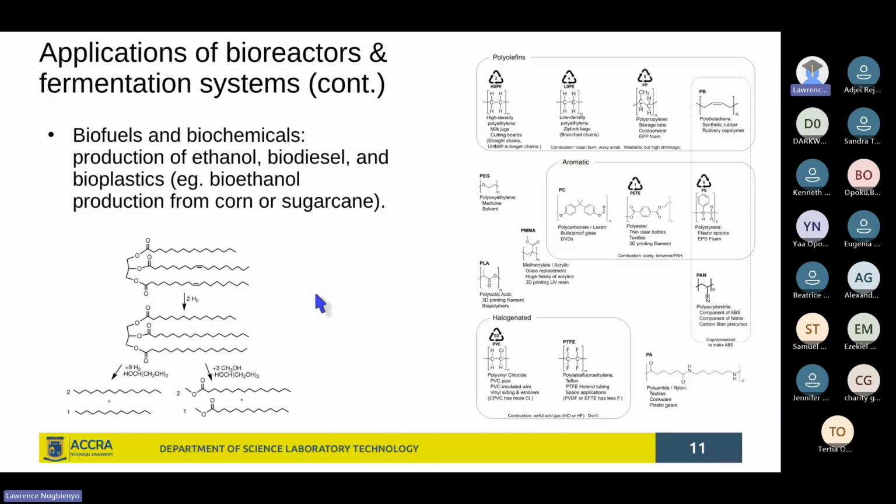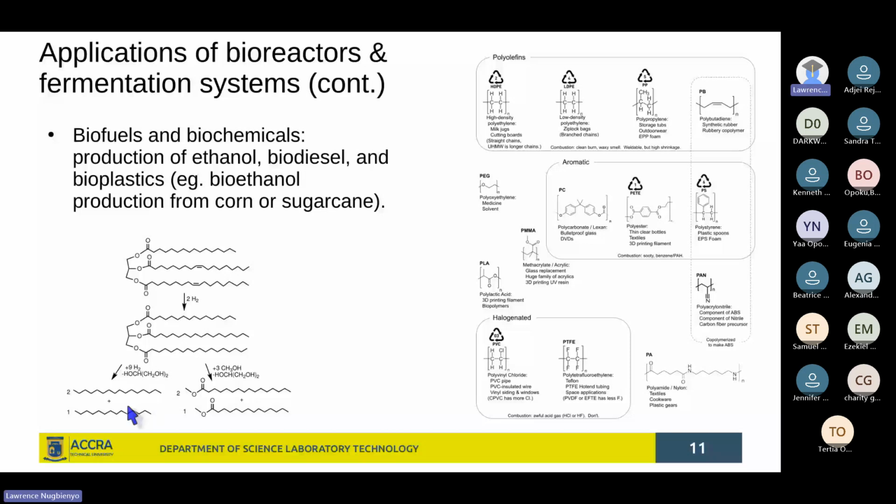Another one you talk about is in the production of, say, bioplastics. And you can see something like lipases, which act in the breakdown of lipids like the triacylglycerols into shorter chain hydrocarbons and their esters.